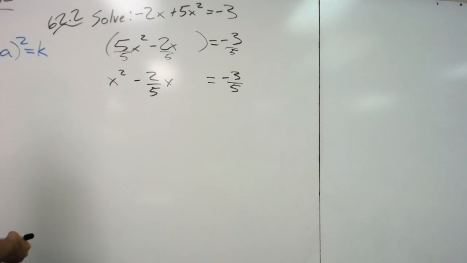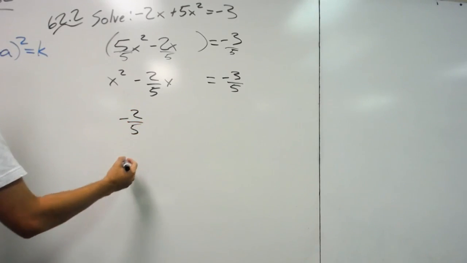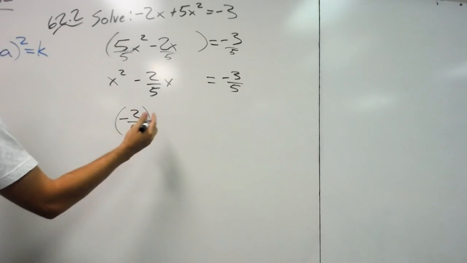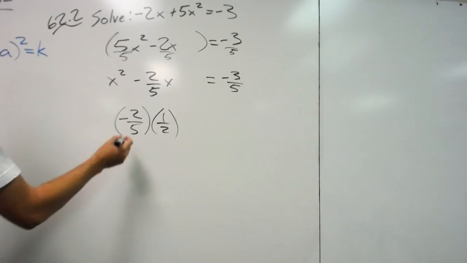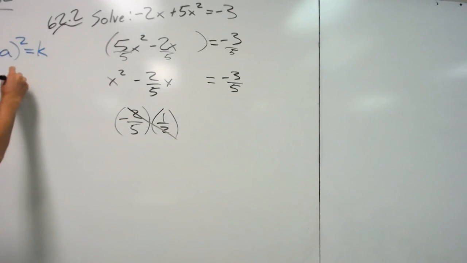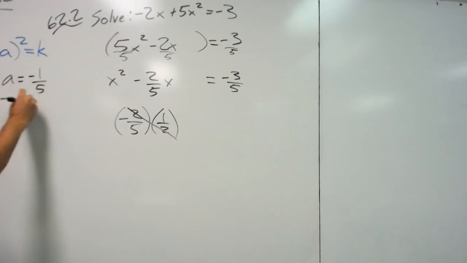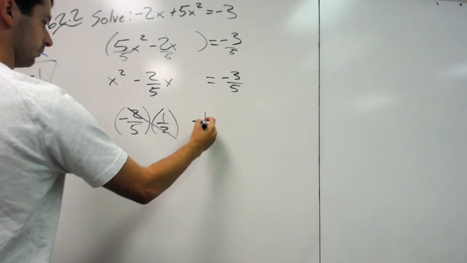Now we can solve for a. Negative 2 over 5, take our coefficient of x, divided by 2, so multiplied by 1/2. This is nice, the 2's cross out, and we get a equals negative 1/5.